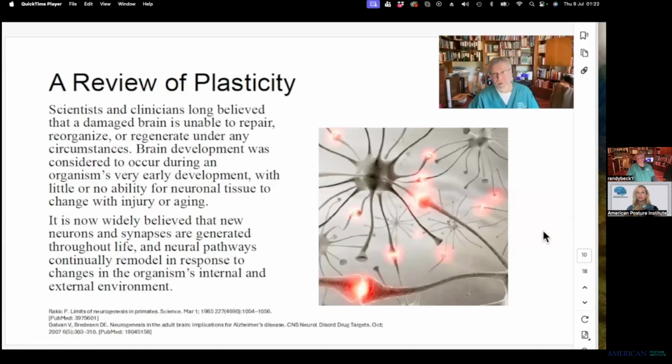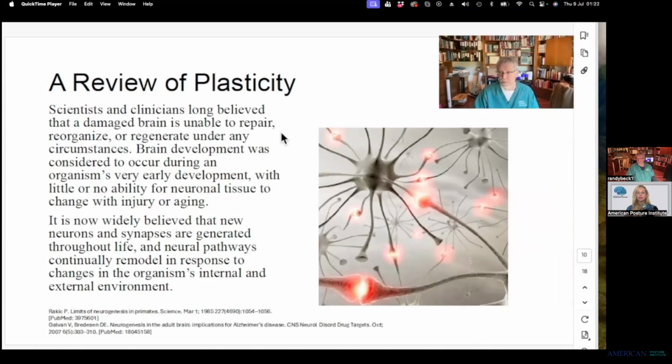Now let's talk about plasticity for a minute. There was a time where we thought that people were not able to change damage that had happened in their brain, that brain damage was permanent, and that there were no ways of reproducing neurons or reconnecting pathways once they had been damaged or not formed at all.